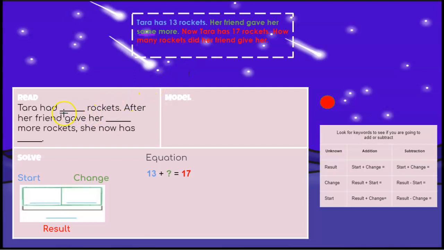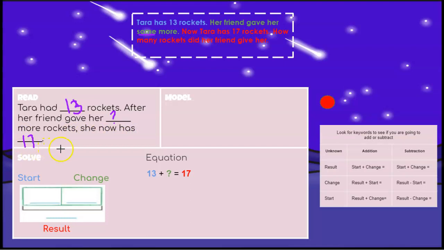So let's break what we read. Tara had 13 rockets after her friend gave her some more rockets. We don't know what number it is. She now has, and the result should be 17.